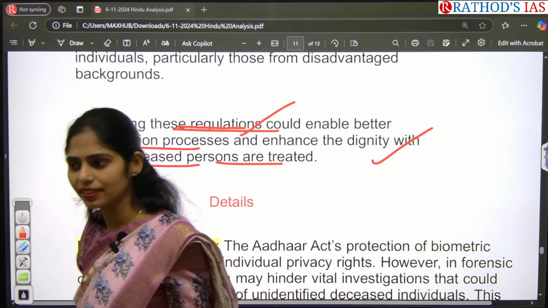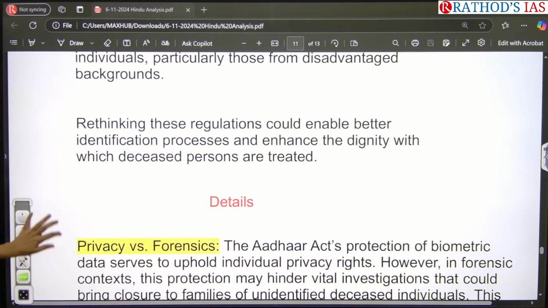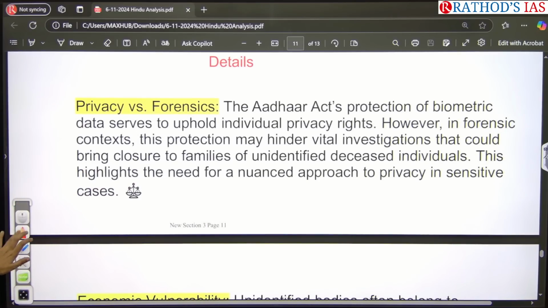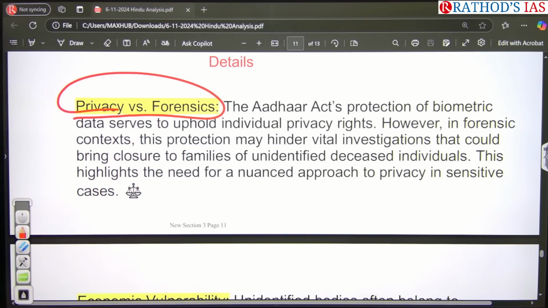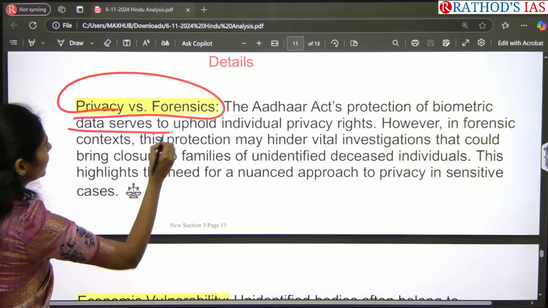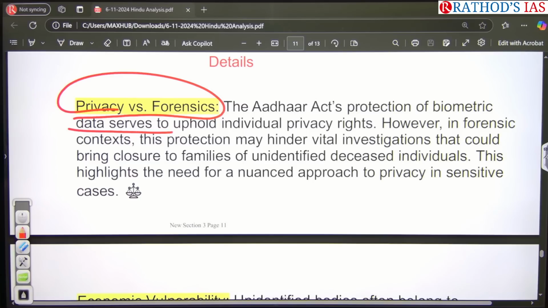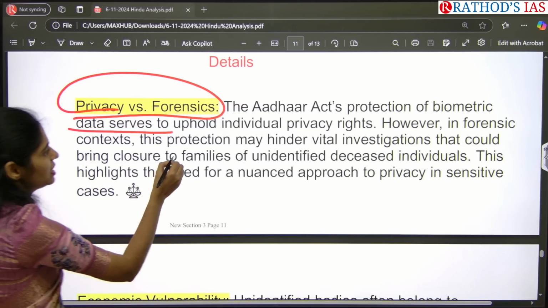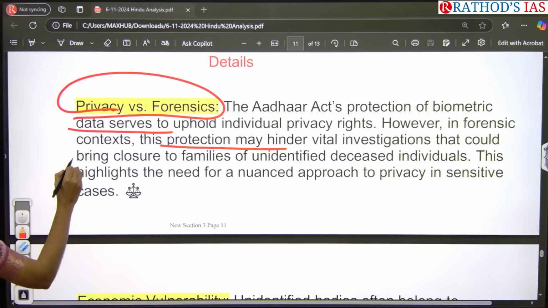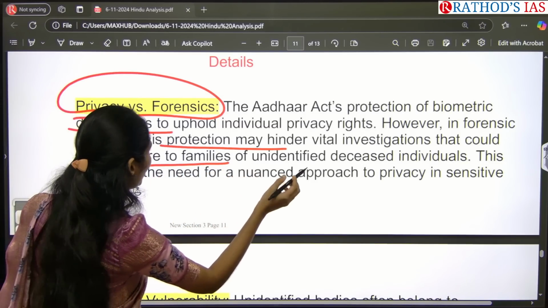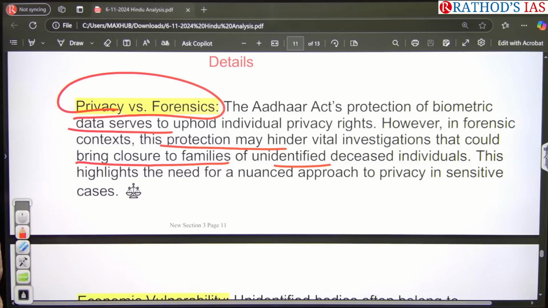So if you see the key points that you have to remember, the first one is privacy versus forensics. So Aadhaar Act protection of biometric data serves to uphold individual privacy rights. But in forensics, yes, protection may hinder vital investigations that could bring closure to the families of unidentified deceased individuals.